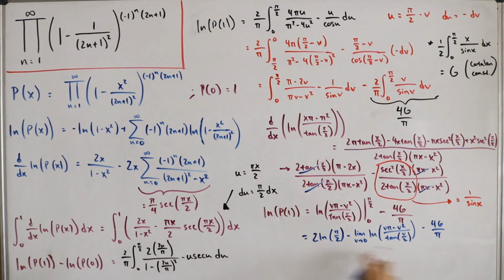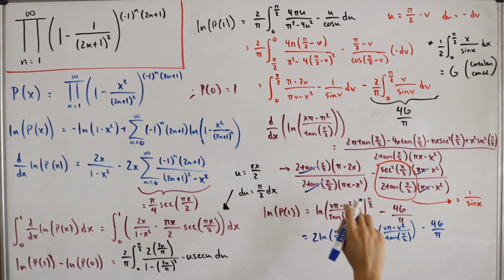Well, you still plug in v equals 0, and you're still going to get a 0 over 0 indeterminate form. To backtrack what I said earlier, it's not exactly an indeterminate form, it's ln of 0, which approaches infinity. I'll have to put that in. But again, the natural log of this limit is going to be 0 over 0. You apply L'Hopital's rule, so you get the limit as v approaches 0.